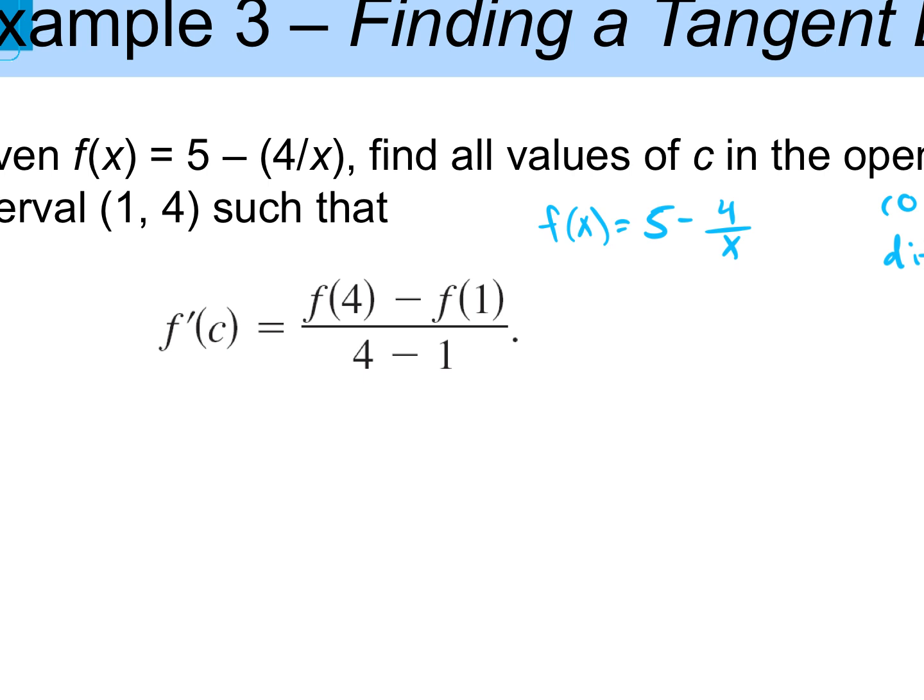What could x not be? 0. X can't be 0 because that would give us undefined for our function, or it would have an asymptote there. Is 0 in the interval that we're looking at? No. So are we continuous on the interval from 1 to 4?